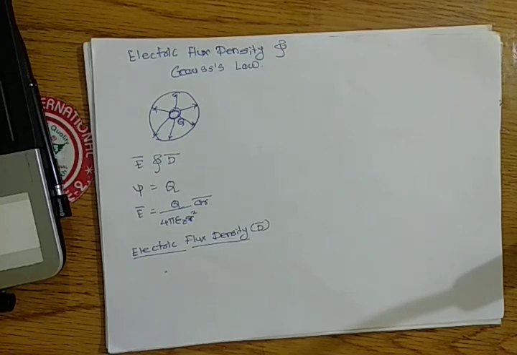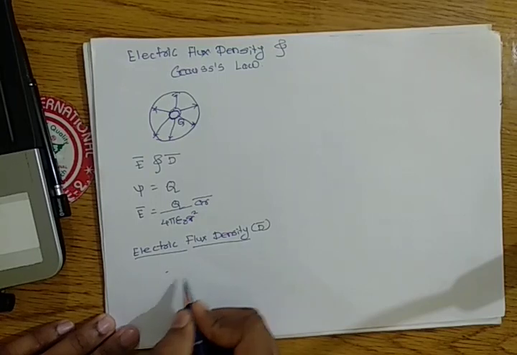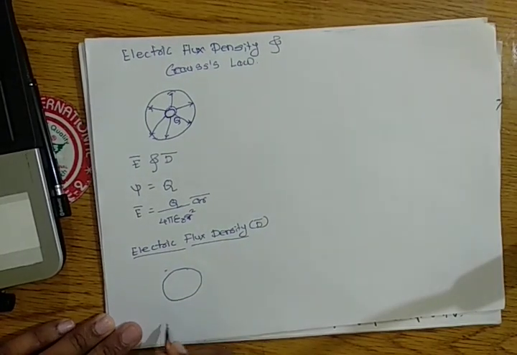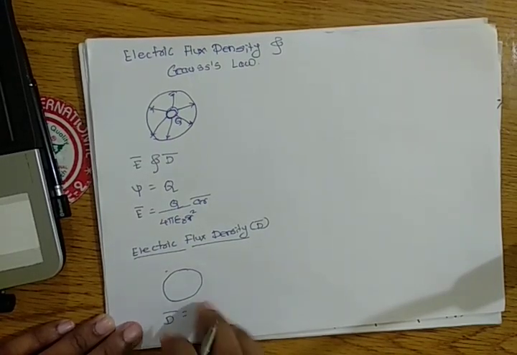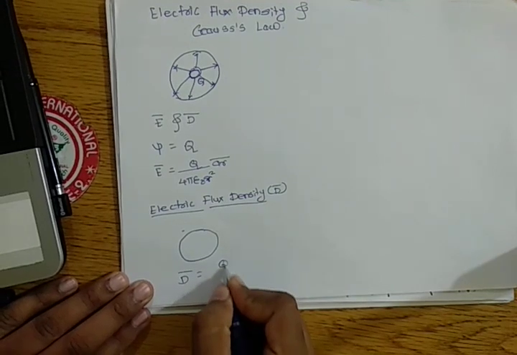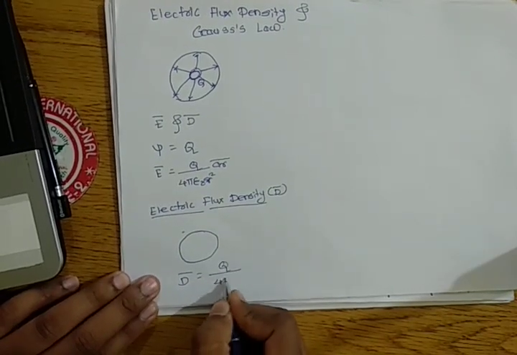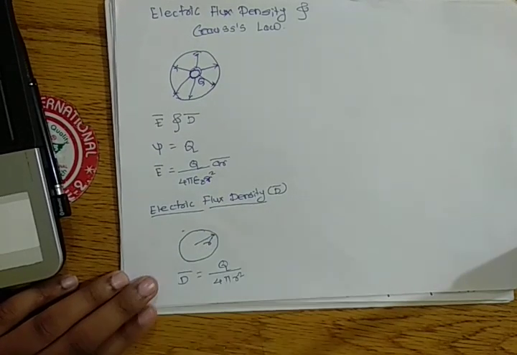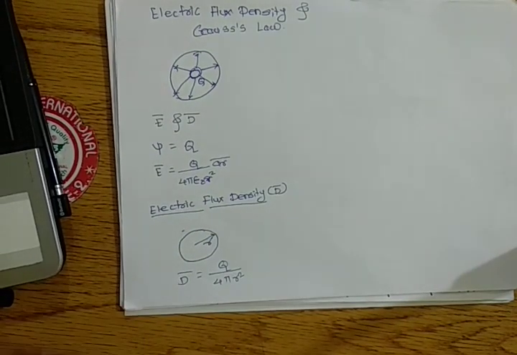Suppose we are taking a sphere. D bar is equal to charge per unit area, which is Q divided by 4 pi r square, where the radius is r. So D bar is equal to Q divided by 4 pi r square. So that is the D bar.